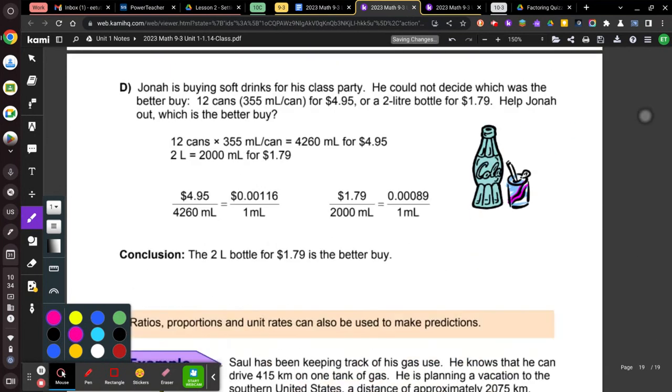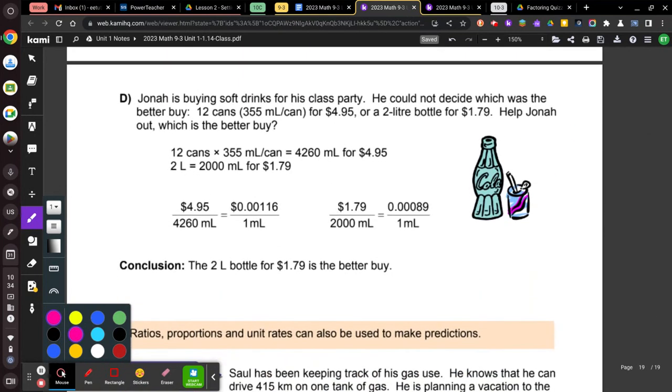All right, last examples. Letter D says buying soft drinks for a party. It says 12 cans of pop are $4.95, 2 liter for $1.79. Which one is cheaper? So we set up our cross multiply. I'm going to set up 4.95 over 4260 equals X over 100.